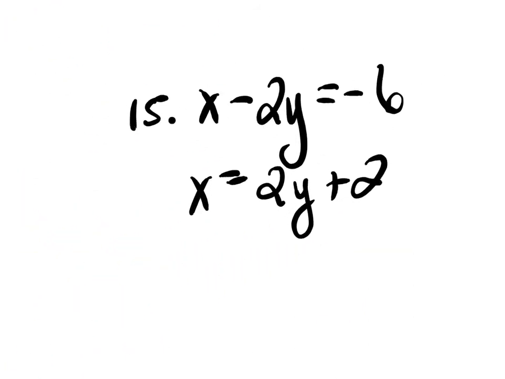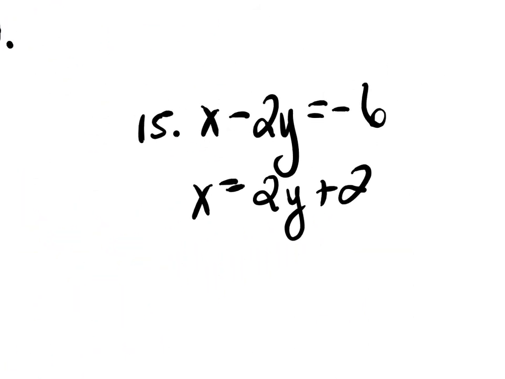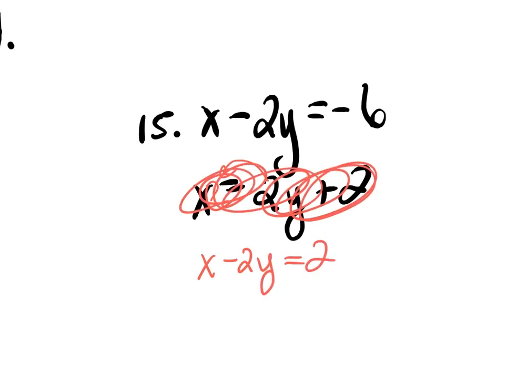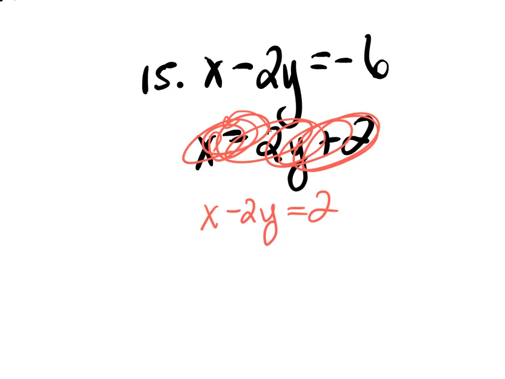Now if we look at 15, I cannot just simplify as it's written. It should be x, y, then equals, and a number. So if I rewrite this as x, move 2y to the other side, equals, to be x minus 2y equals 2. Now I'm set up to where I can solve by elimination.